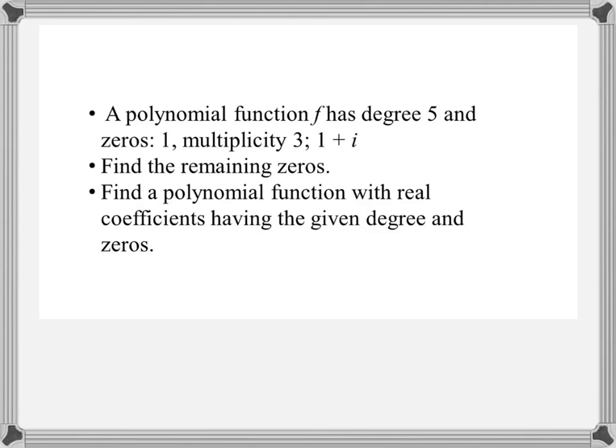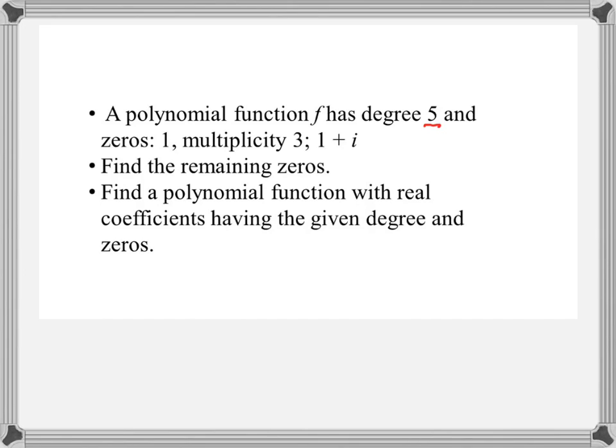A polynomial function f has degree 5 and zeros at 1 with multiplicity of 3 and 1 plus i. Find the remaining zeros. And then, once we find those zeros, find a polynomial function with real coefficients having the given degree and zeros.